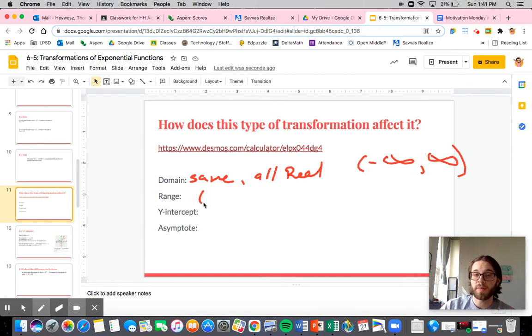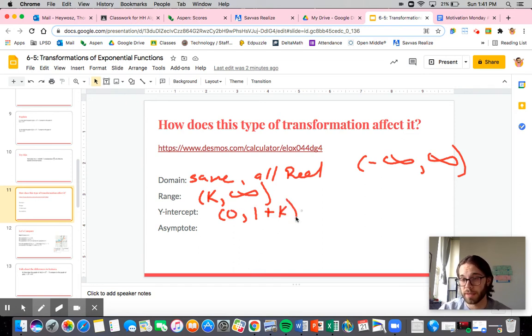It's going to end up being k, whatever your k value is, to infinity. So if it's negative 2, you'd put negative 2 there. If it's 13, you'd put 13 there. The y-intercept is going to end up being (0, 1 plus k). So if you had negative 2 as your k, it would be 1 minus 2. Remember, it starts at 1, and then you're either going up, let's say 13 from that, or you're going down to whatever.